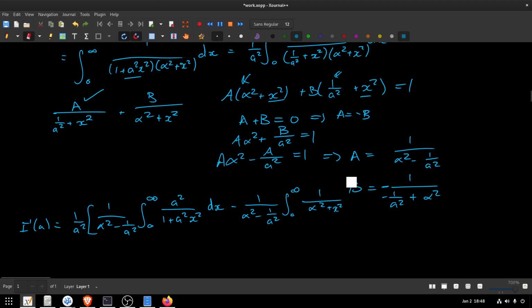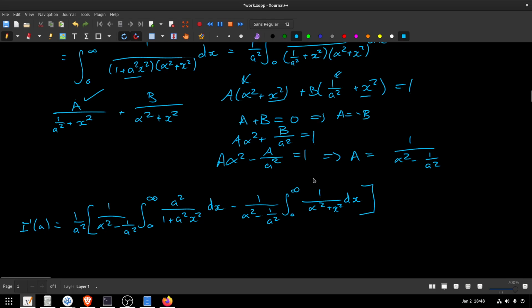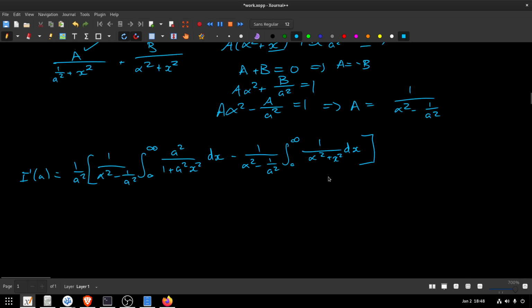I could probably just erase this now, because we got it down here. Cool, that should be everything. So this leaves us with two very simple integrals that we can go ahead and evaluate.